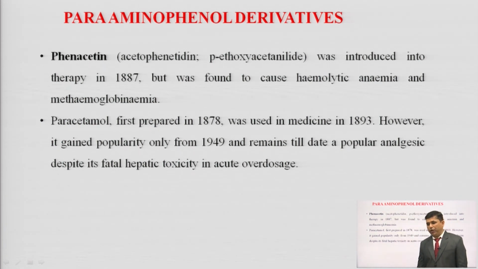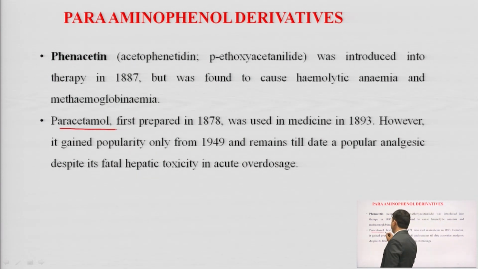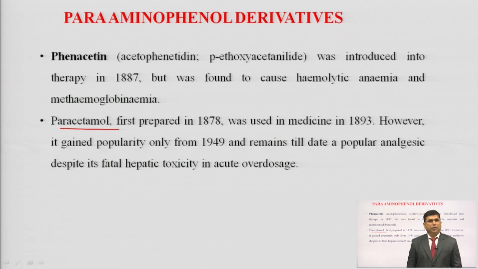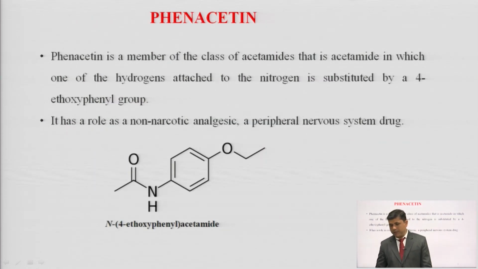In this para-aminophenol group, paracetamol was first prepared in 1878 and was used as medicine in 1893. After that it gained popularity from 1949 to date, and we are using paracetamol as a very good antipyretic agent.